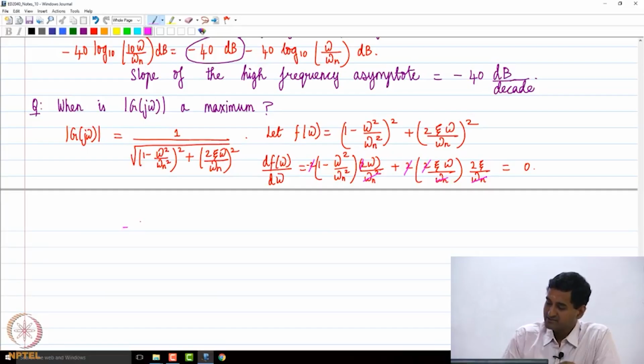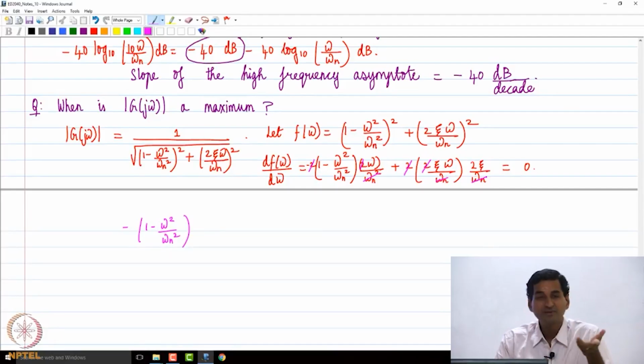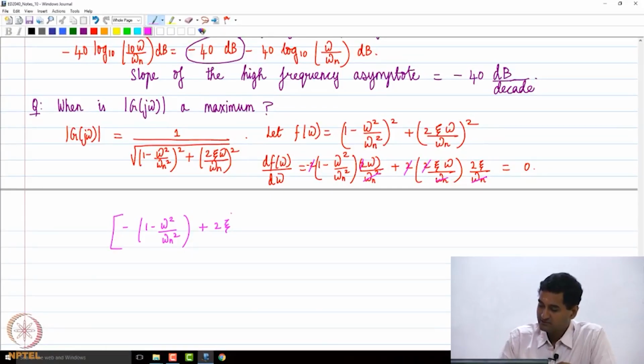I will have minus (1 minus ω squared divided by ωn squared). Obviously, ω is not 0, so of course I can have two solutions. We'll come to that shortly. Plus 2ζ times ω is equal to 0.